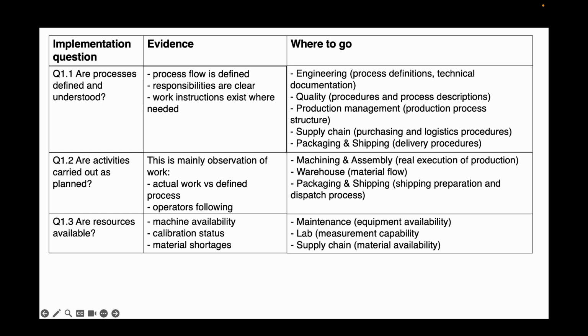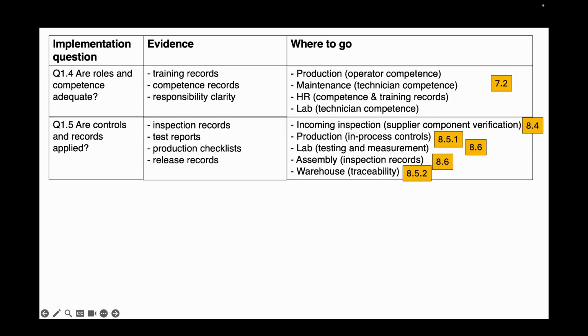So for this first set of implementation questions, the evidence may point me to requirements about process definition, documented information, infrastructure, monitoring and measuring resources, or control of external providers. And this slide continues the same logic. Now I connect competence, operational control, records, and release activities with the relevant ISO 9001 requirements.